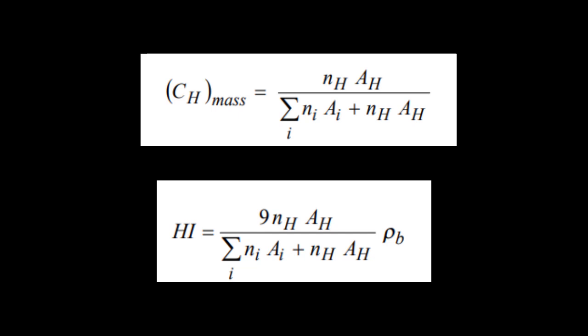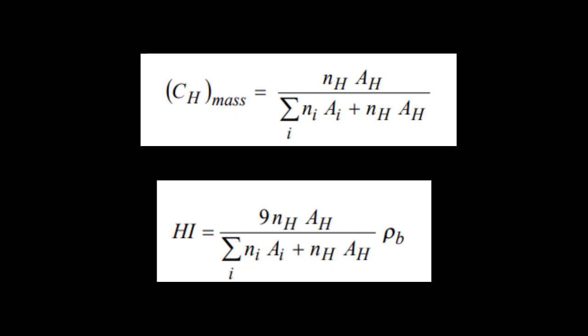On a mass basis, in the numerator we can have the mass contribution of hydrogen, and in the denominator the total molecular mass, so the sum of all non-hydrogen elements plus the hydrogen contribution. This is a concentration based on mass.